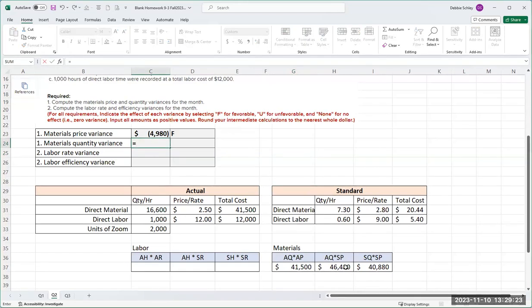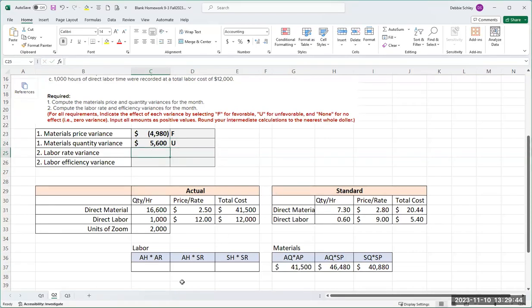So I would just take this middle number minus the third number, and this is the actual, this is the standard. What actually happened is more than what I thought should happen, and so that is unfavorable.